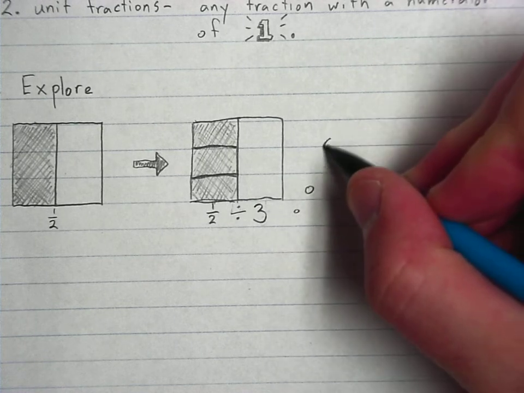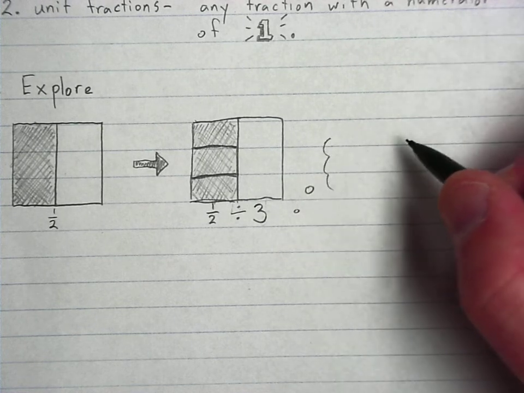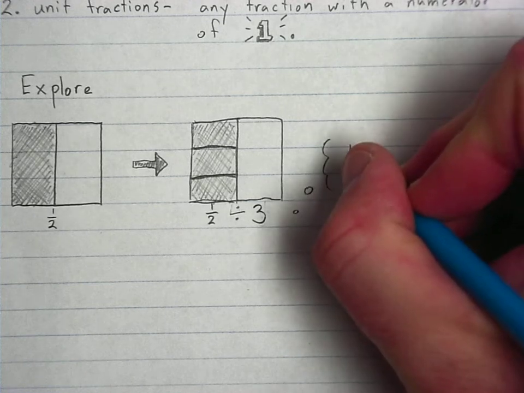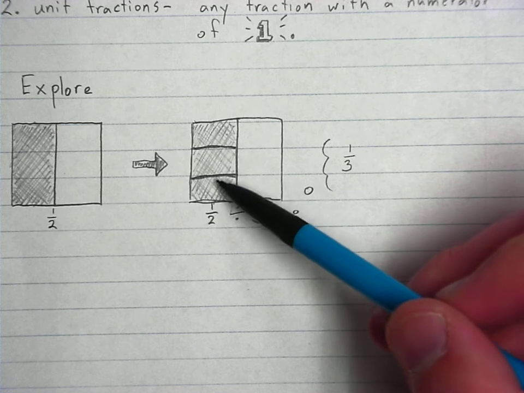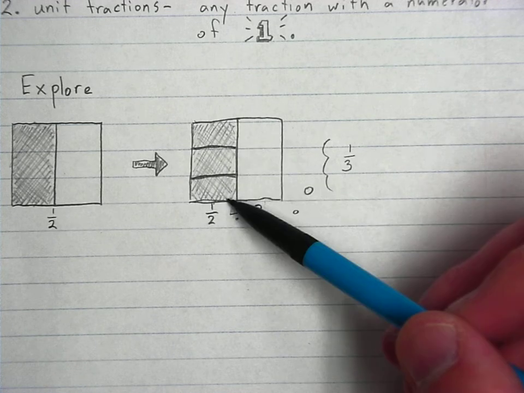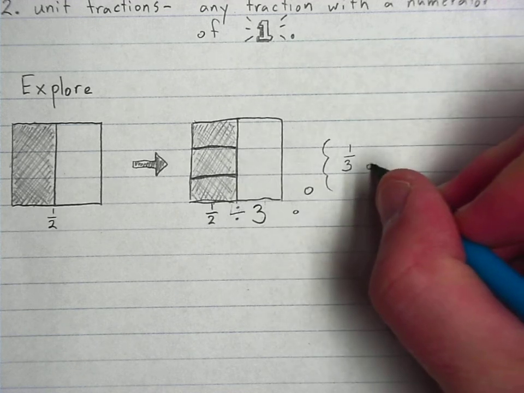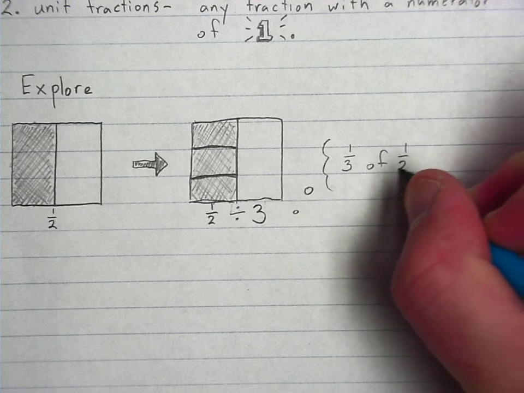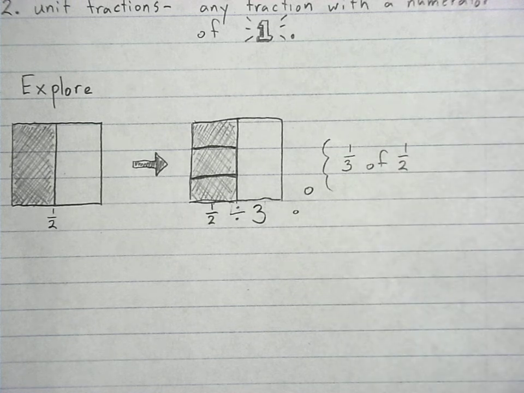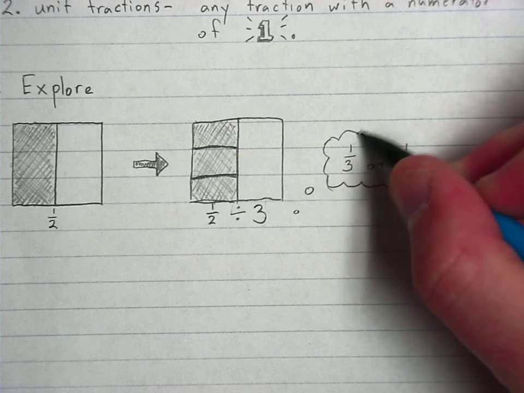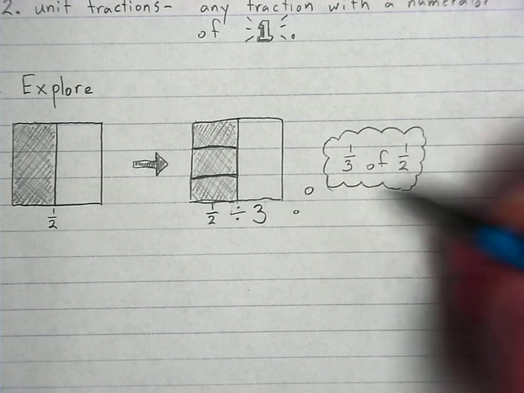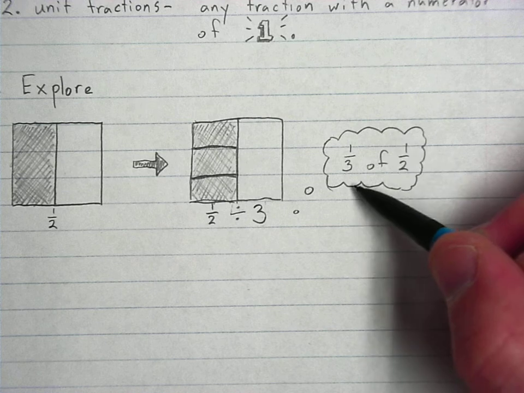Now I can think of this as being the same as saying I'm finding 1/3. See how I broke this into thirds? 1/3 of 1/2. And I know that you all know 1/3 of 1/2 is the same as 1/3 times 1/2.